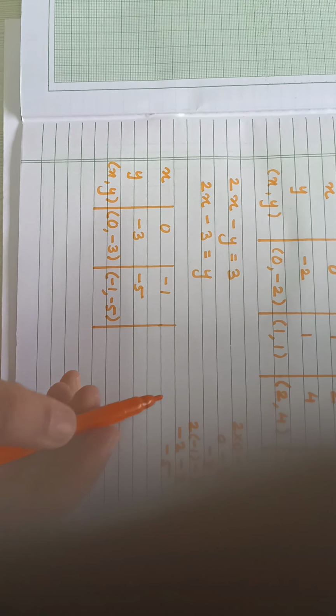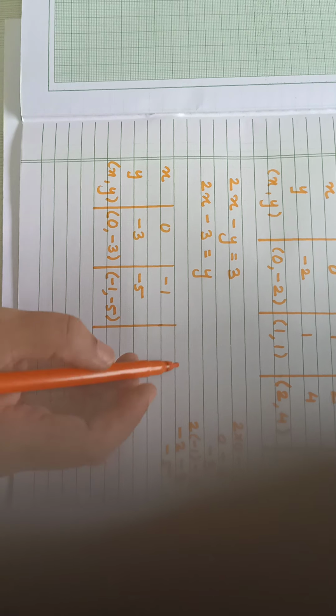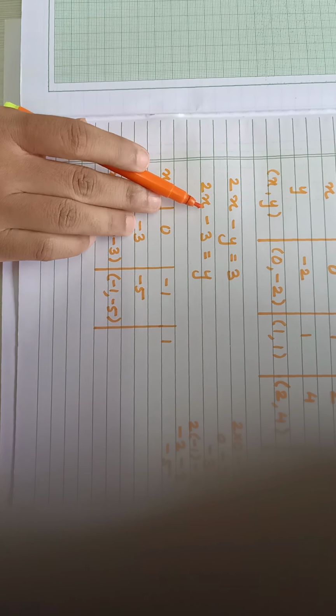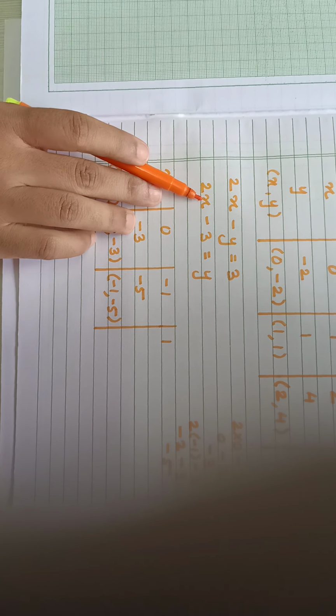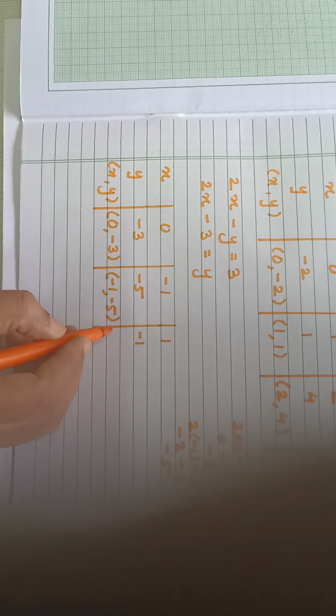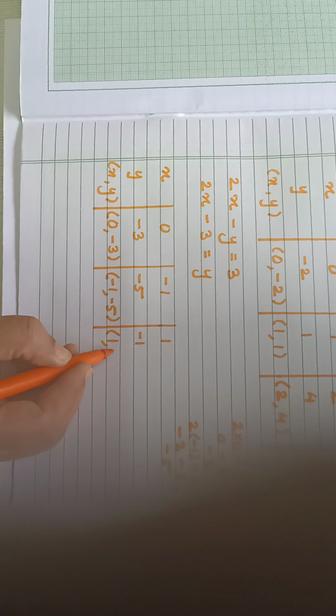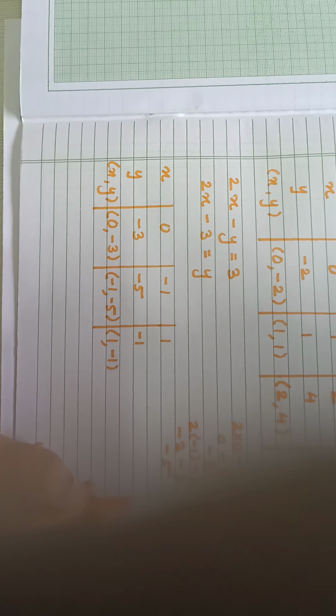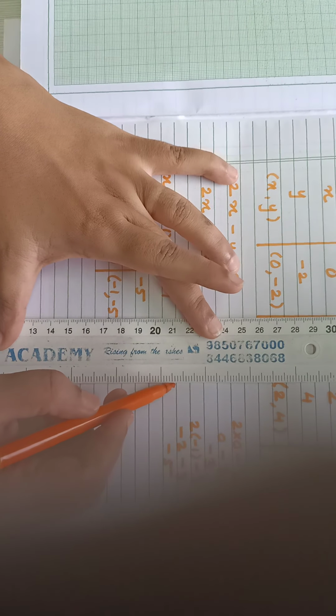For the third point, we can take x as 1. So this will be 2 ones are 2. 2 minus 3 will be minus 1. So the third point will be 1, minus 1. Complete the table.